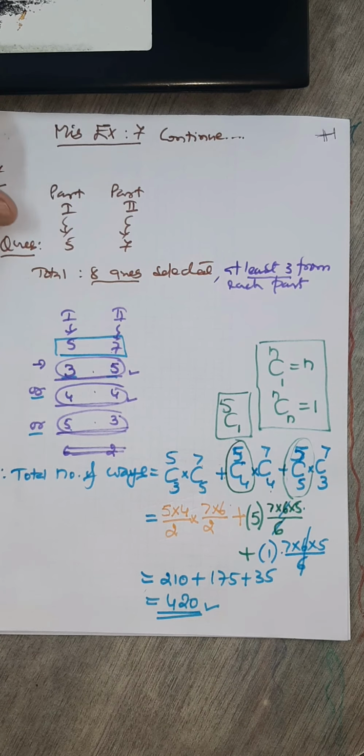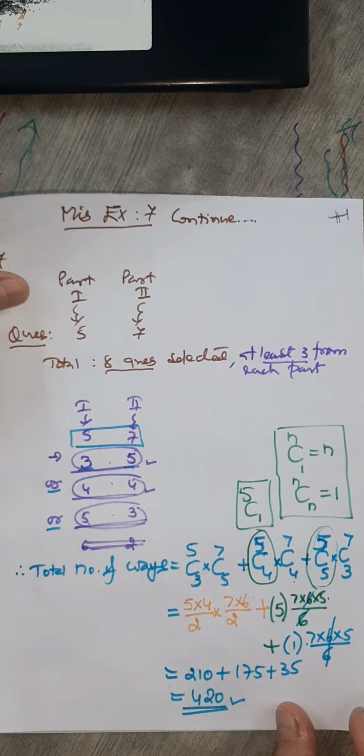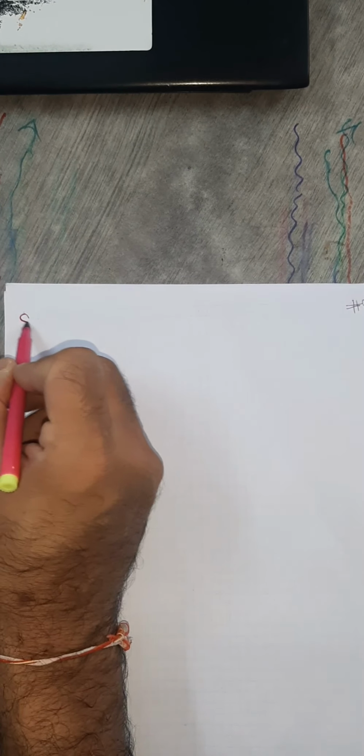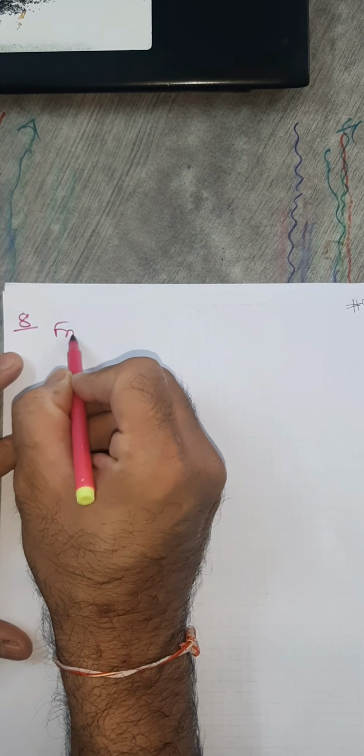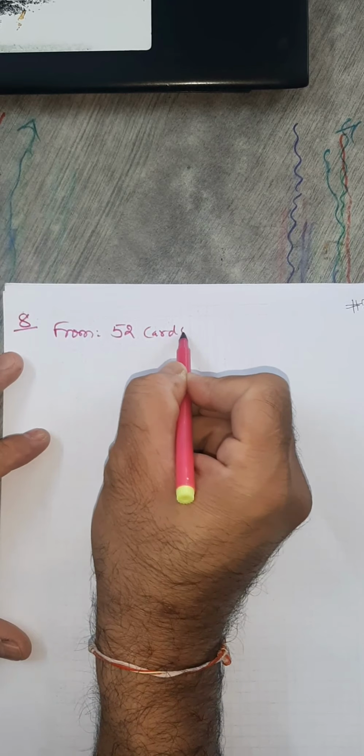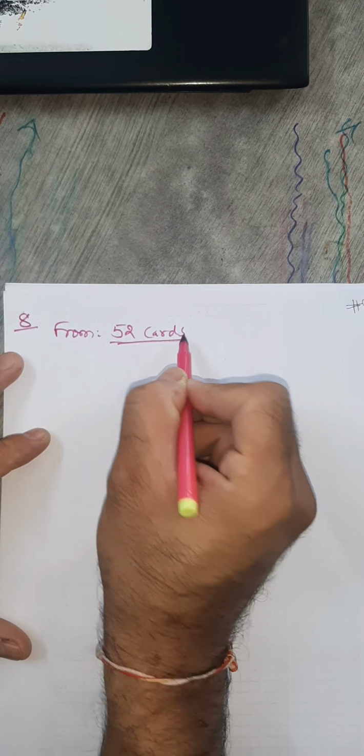Okay, next question. Question number 8. 8th question. What about question number 8? Determine the number of 5 card combinations from a pack of 52 cards. So there is a question of combinations. From 52 cards. So you have a total of 52 cards. Fine.